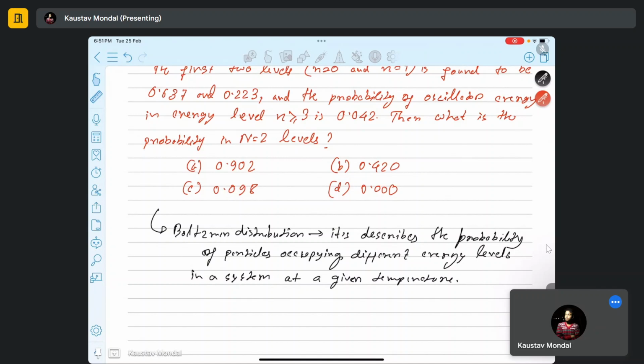Okay, so the Boltzmann distribution basically gives you the probability of occupying different energy levels in a system at a given temperature.